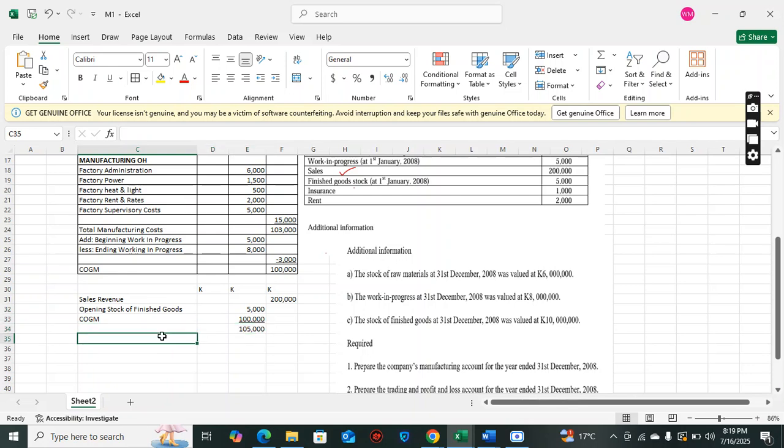So we're going to say less closing stock of finished goods. The closing stock of finished goods was 10,000.